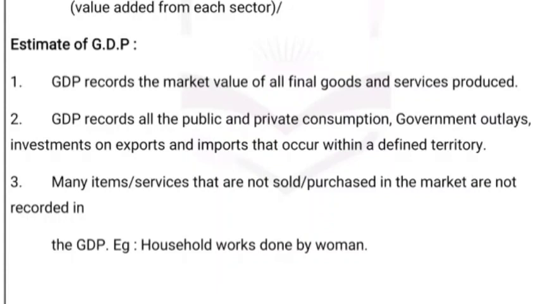GDP records all the public and private consumption, the government outlays, investments, and exports and imports that occur within a defined territory. Territory means here a defined land. Many services that are not sold or purchased in the market are not recorded in the GDP.